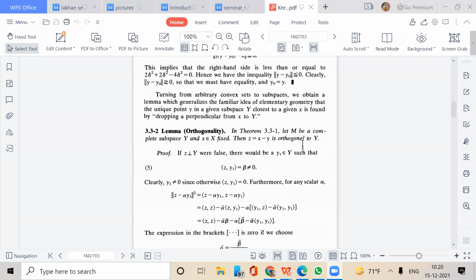For any two subsets capital A comma capital B of capital X, we write small x is orthogonal to capital A if small x is orthogonal to small a for all small a belongs to capital A, and capital A set is orthogonal to capital B if an element small a is orthogonal to an element small b for all a belongs to capital A and all b belongs to capital B.